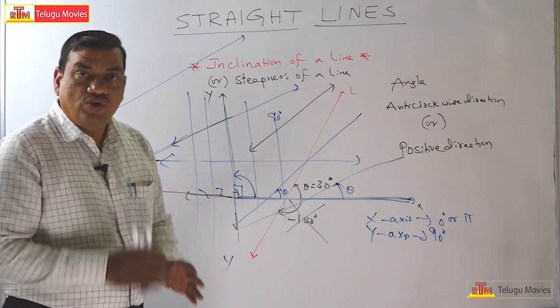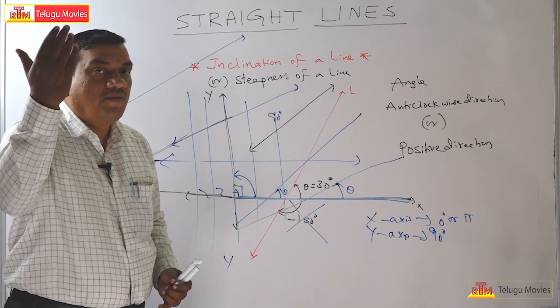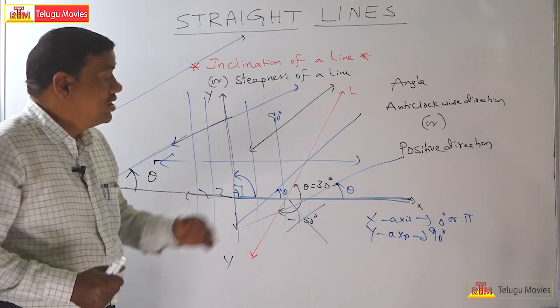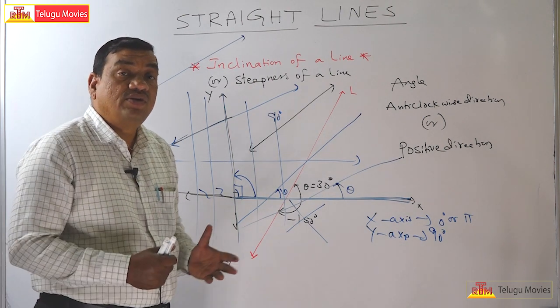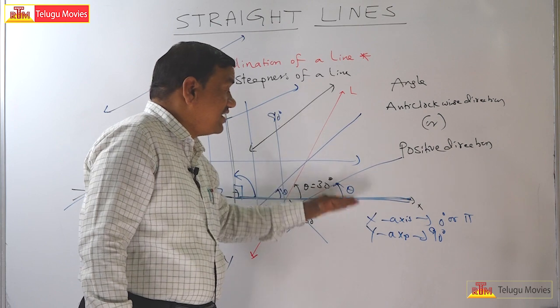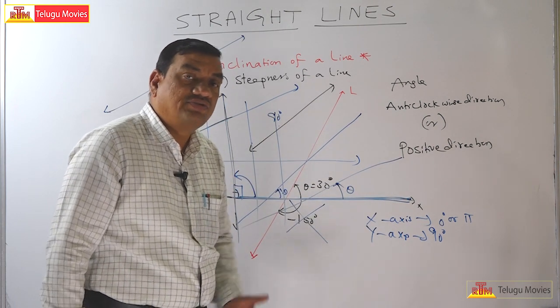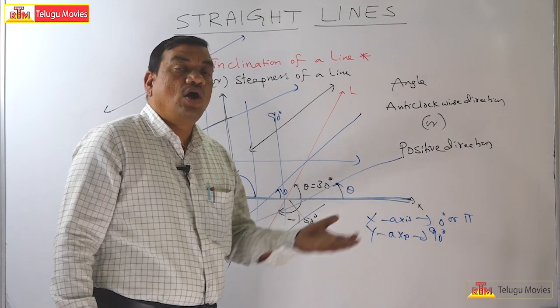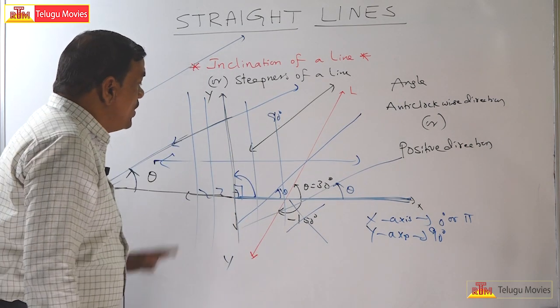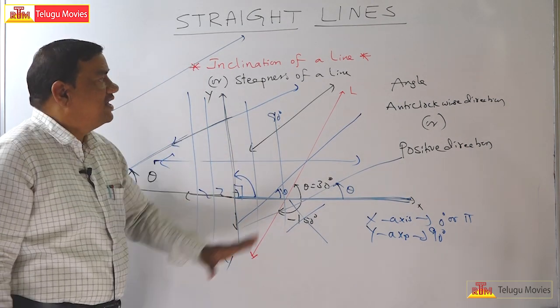We have to follow the elders who wrote the books and developed the subject, we simply follow. That's why they defined the inclination with respect to the x-axis only, and we also follow their rules and definitions. I hope you understand this inclination of a line.